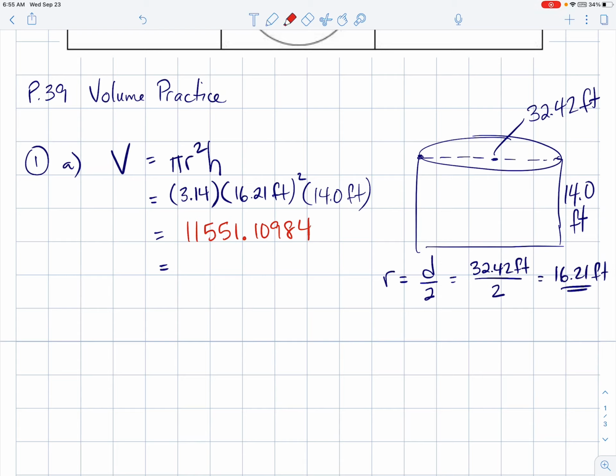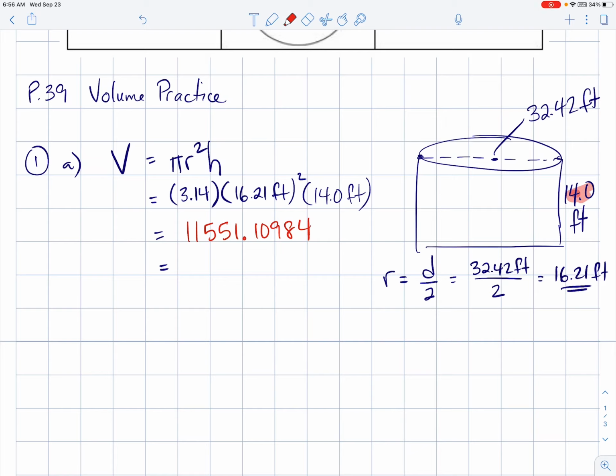So let's look at the significant digits in the question. The height had 3 significant digits. 14.0 has 3 digits that are significant. The 0 is significant because a decimal is present, and trailing zeros count if you can see a decimal. And the diameter and the radius have 4 significant digits.